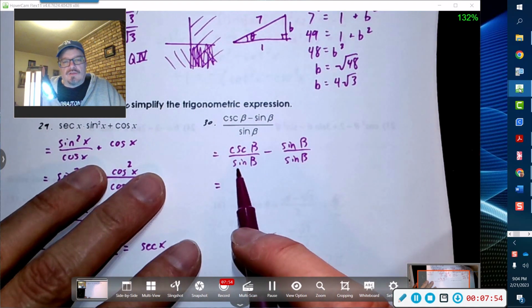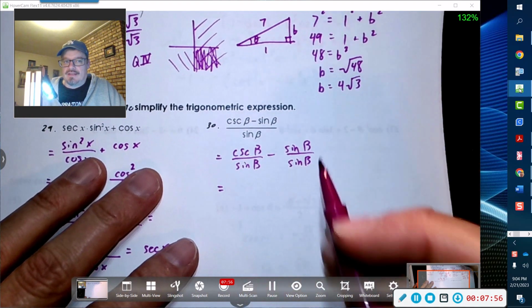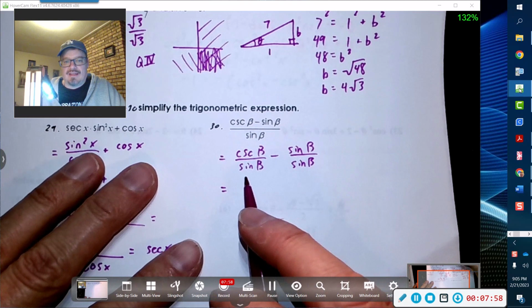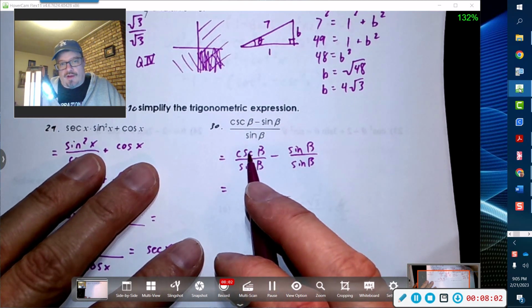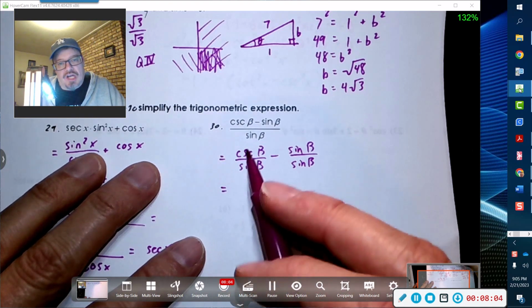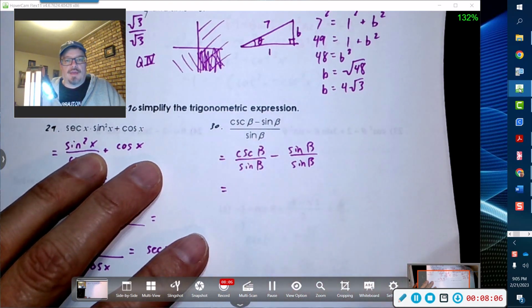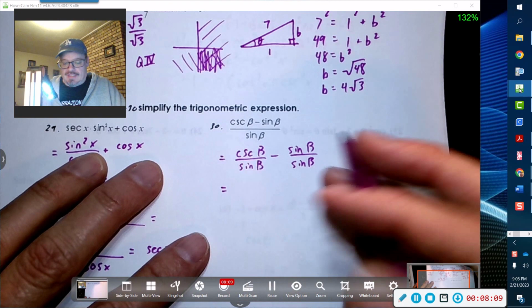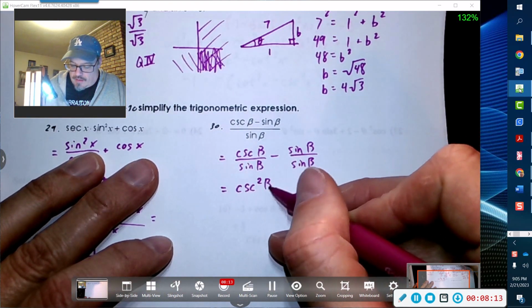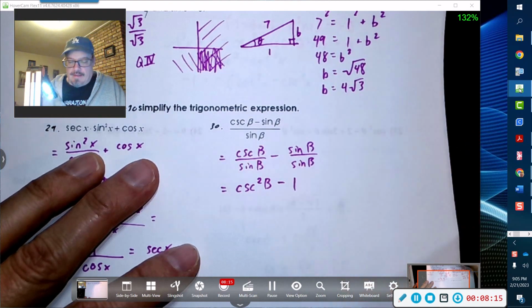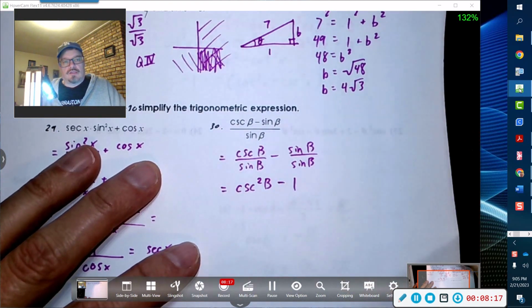Experience allows you to see that the sine, if we move it to the numerator, will become cosecant. And since there's already a cosecant there, we can make that squared. It's a little trick.